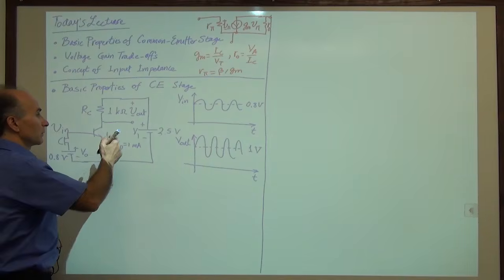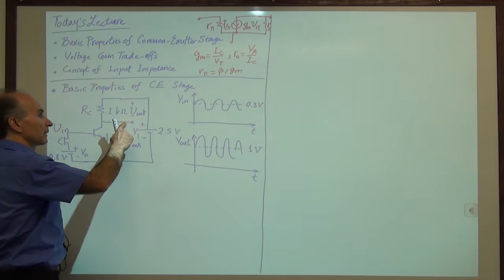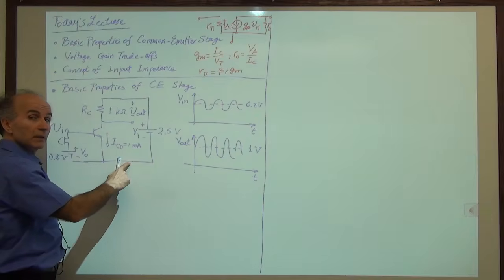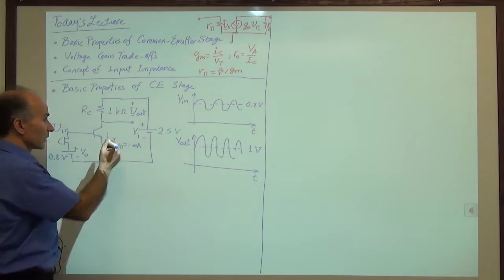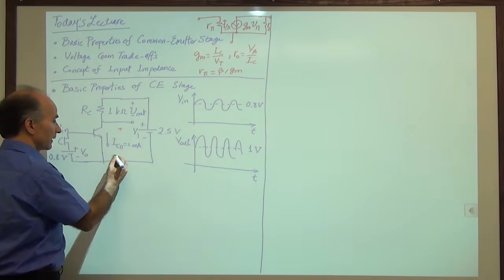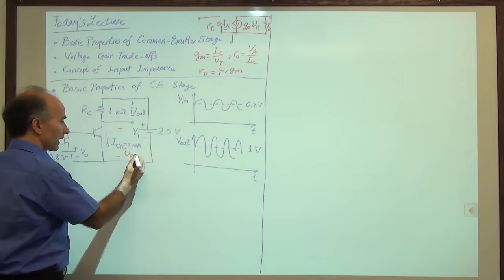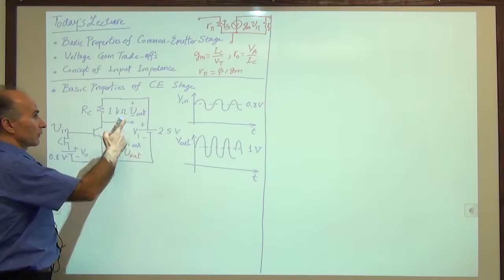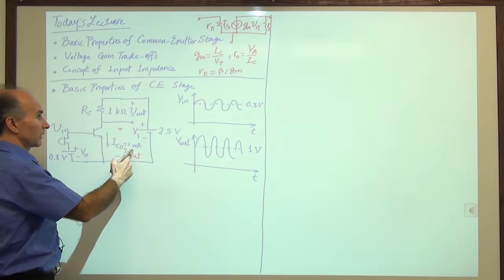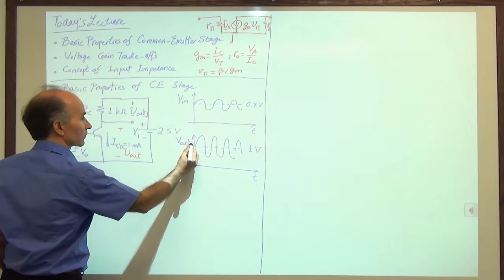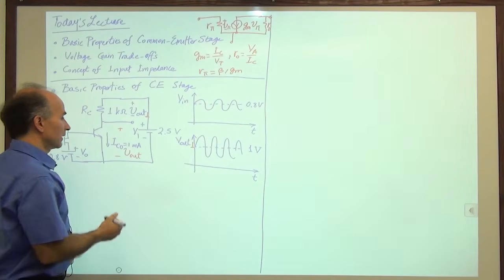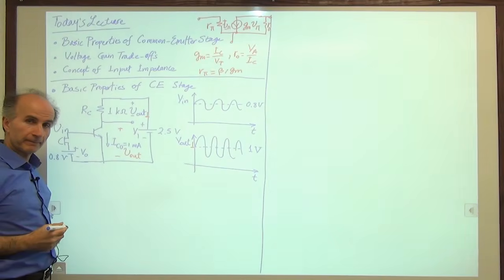So the output voltage, we will measure it from here to here, not from here to here. Okay? So we will call this V out, and just to make sure that there's no confusion between this V out and this V out, I will call this V out 1. Here's V out 1, and that's what we saw. This is just V out.